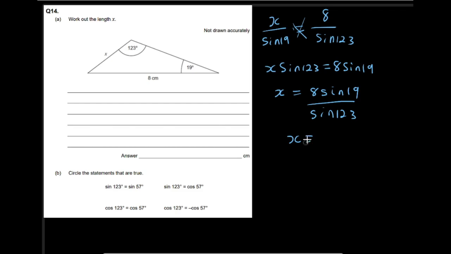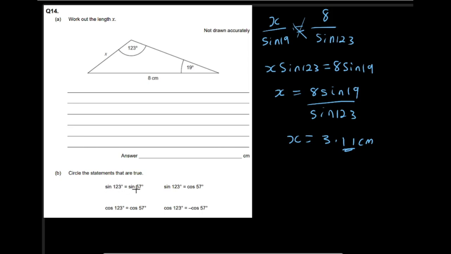So our answer becomes 8 sine 19 divided by sine 123, which is 3.11 cm. Okay, so the B part of the question says circle the statements that are true.